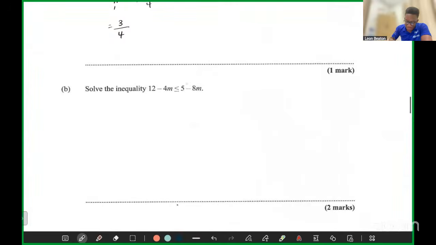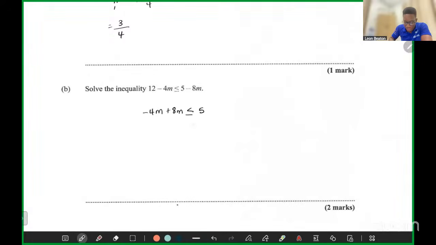Now we're asked to solve this. First thing I'll do, 2 marks, nice and easy. I love this. You should love these kinds of things. So you want to bring all the m's to this side. So we'll have negative 4m, and this is minus, so when we take it over it becomes plus 8m, is less than or equal to, leave back the 5.